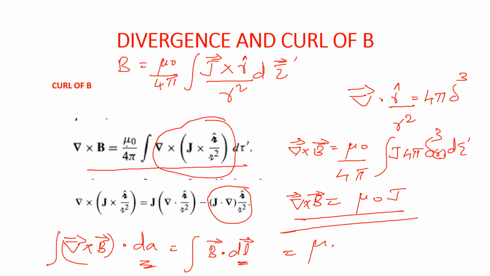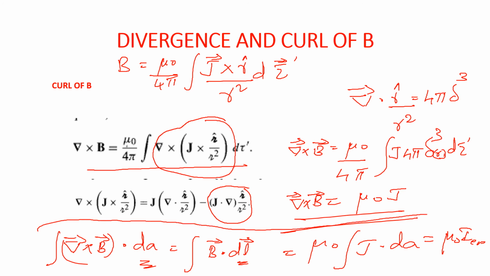That's equal to mu 0 times J dot dA, because del cross B is equal to mu 0 J. So integral B dot dl equals mu 0 times integral J dot dA, which is the total current enclosed, mu 0 times I enclosed. So we can derive the Ampere law from the curl of magnetic field also. Okay, students. So here we learned about Ampere law, divergence of magnetic field, and curl of magnetic field.